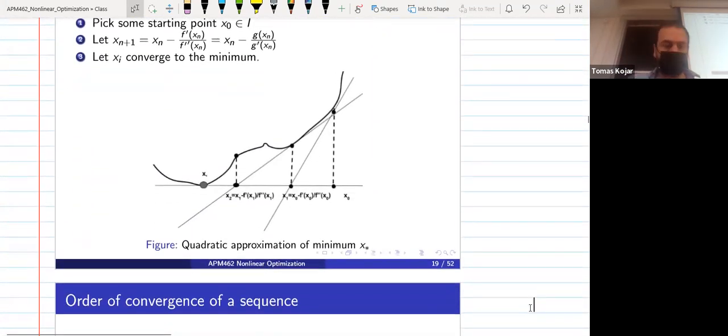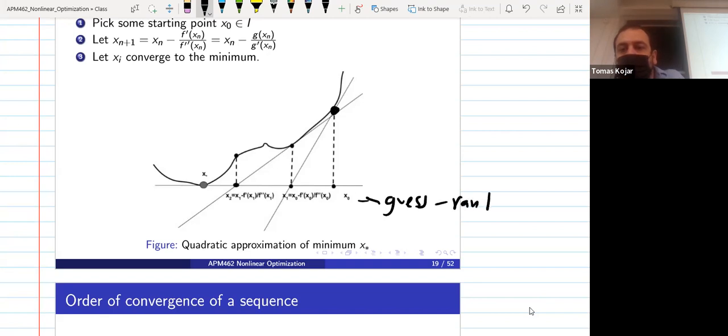And yeah, so let's talk about the picture. All right, so you start with x naught. This is your first guess. Usually this guess is done randomly, like in numerics, because we don't know what's a good guess, because the landscape could be very complicated.